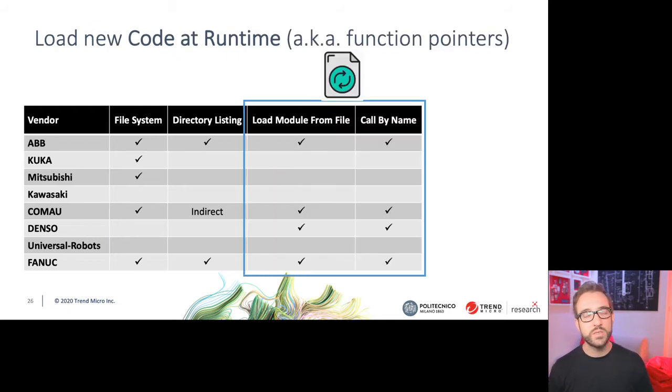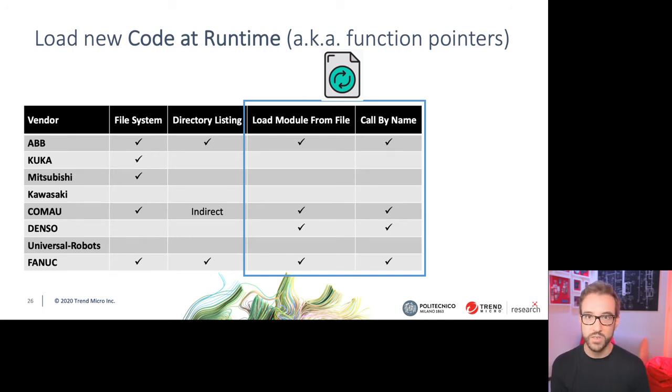Probably the most surprising finding was to discover that almost all of the languages allow what I call function pointers and dynamic memory. So if you're familiar with C programming or in general dynamic programming, you know that if you have the possibility to load code at runtime, you can develop very powerful programs that change at runtime.